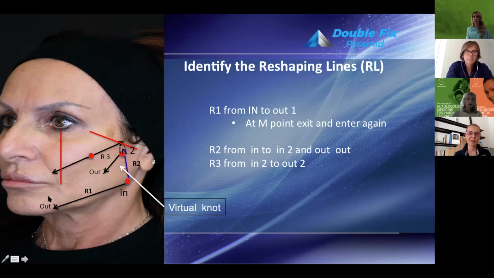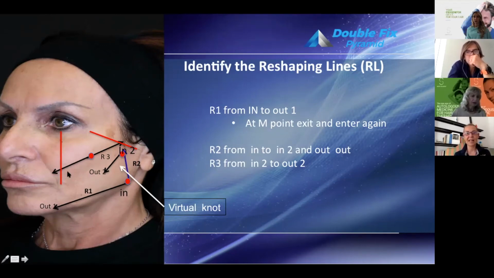The first exit point is in the pre-jowl. So you enter again here, and then you go towards the preauricular area, enter, exit, and enter again with your needle, and you create a virtual knot. And then in a straight line, you improve the nasolabial fold.